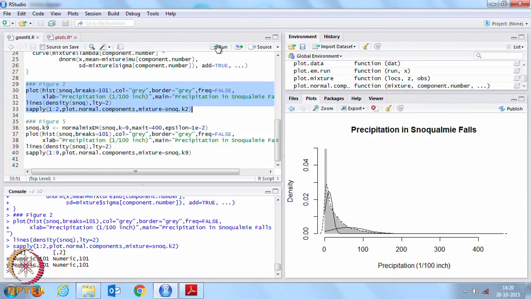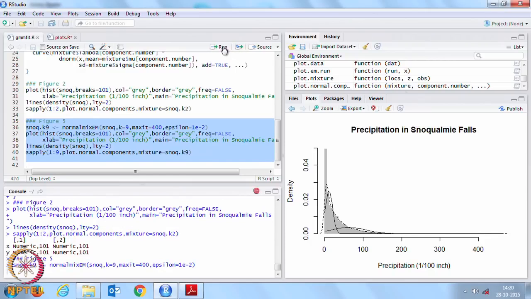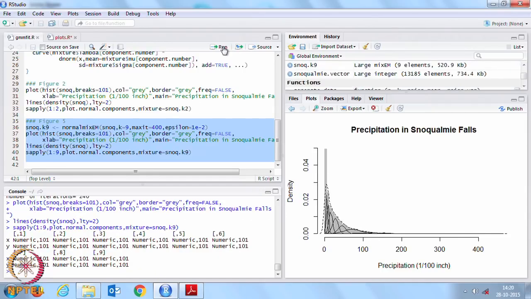It does not look like it is modeling this well, but we can increase the number of components, and when we use 9 components, it takes some time, and there you see it is getting closer and closer to this distribution.